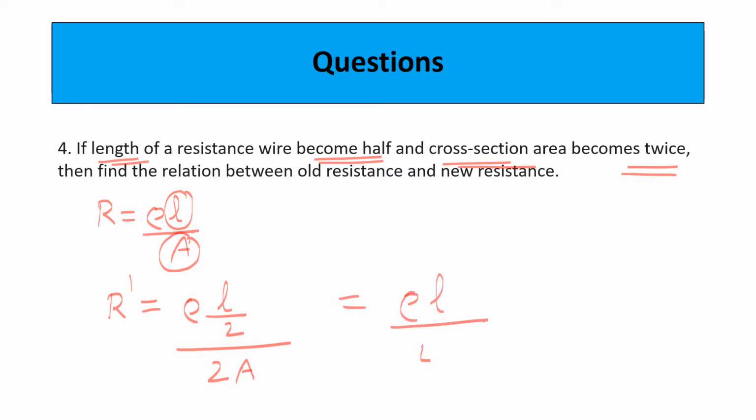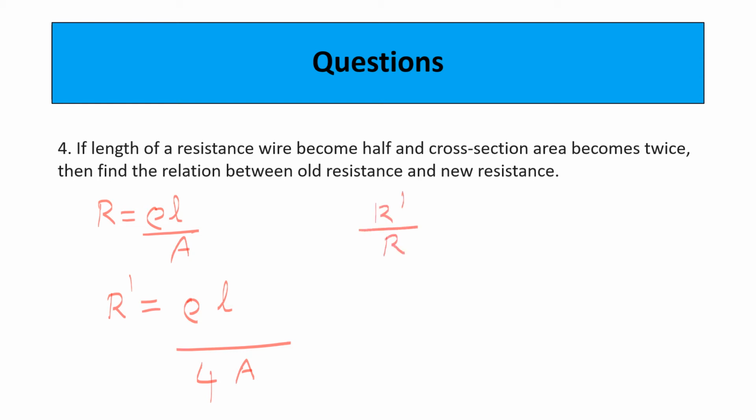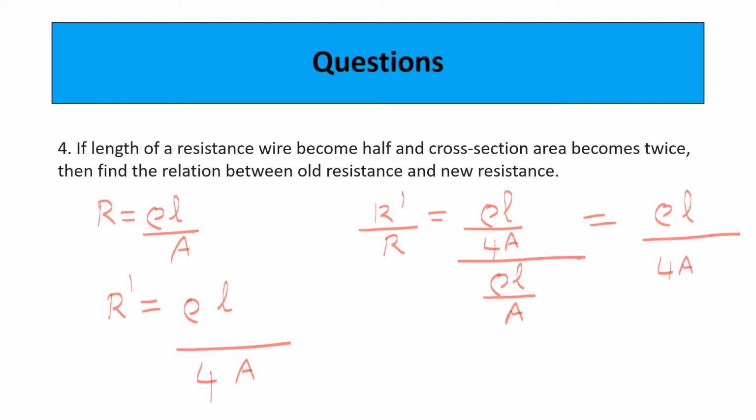What is R dash divided by R? R dash is equal to rho L divided by 4A. R is rho L by A. So R dash by R is equal to rho L divided by 4A, into A by rho L. A and A cancel, rho L and rho L cancel, which is equal to 1 by 4.